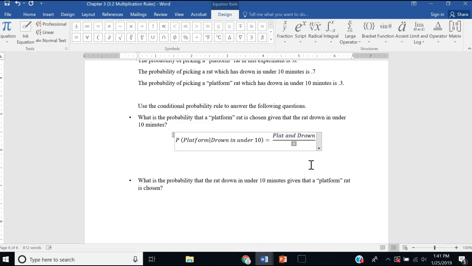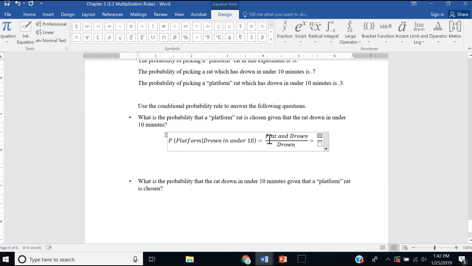What goes on the bottom of the fraction? Well, those who have drowned in under 10 minutes. In other words, the given part. Since we're given the rats that drown in under 10 minutes, we don't have to look at any other rats. So, in short, what kind of answer are we going to get?